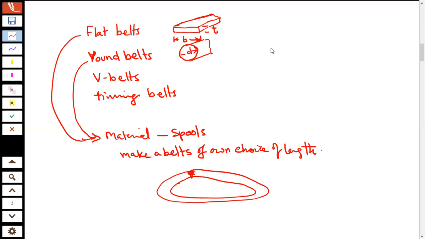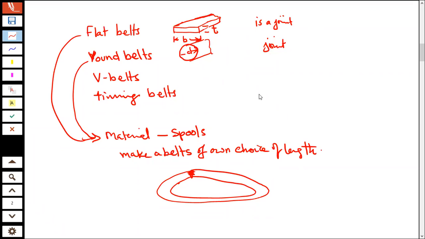So there is a joint in these belts. The round belts also have a joint in there because you make them according to the length that you would need between two pulleys.